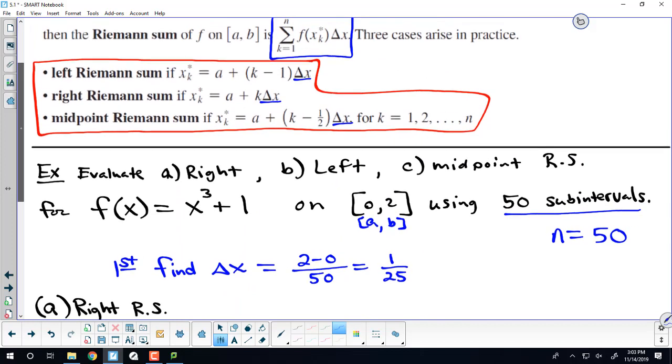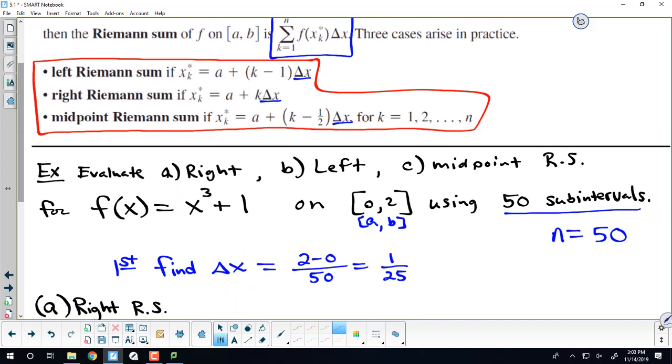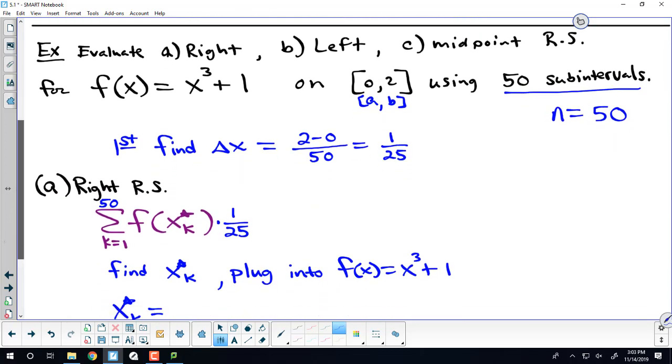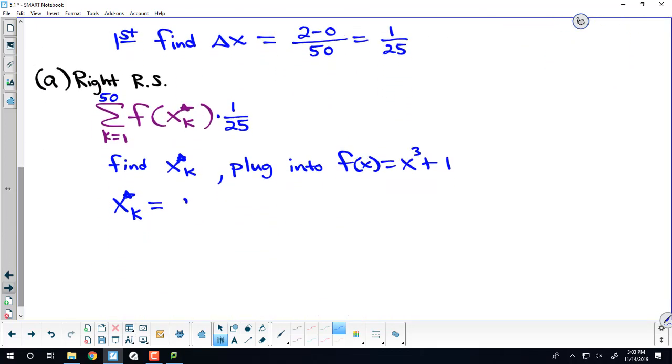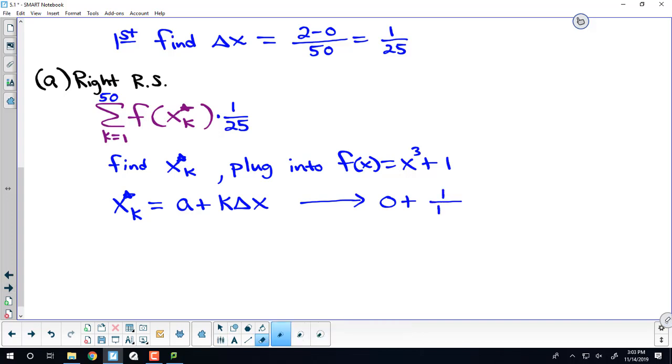We'll go up here. For the right Riemann sum, x star sub k is a plus k times delta x for k equals 1 to 50. So for us, our a is 0. k is just k, and delta x is 1 over 25. So it's 0 plus k times 1 over 25, or just k over 25.